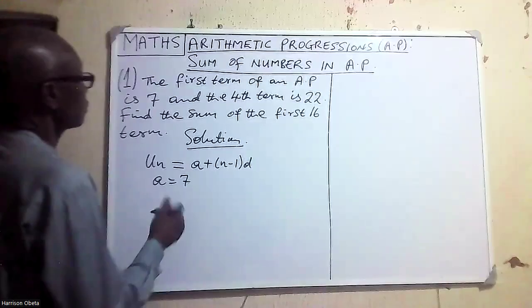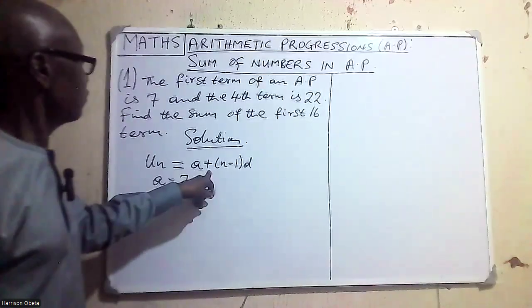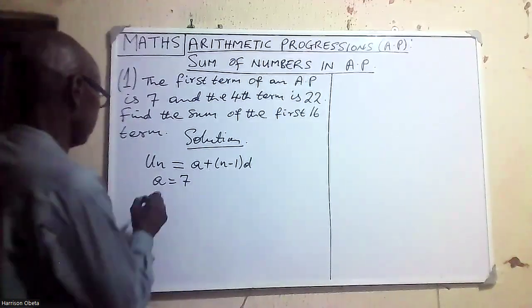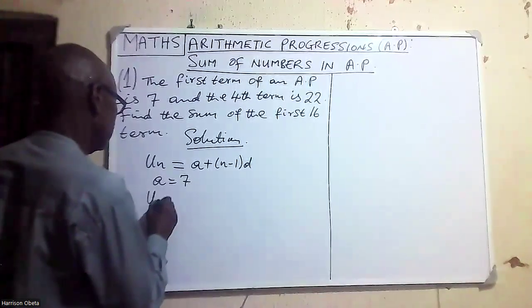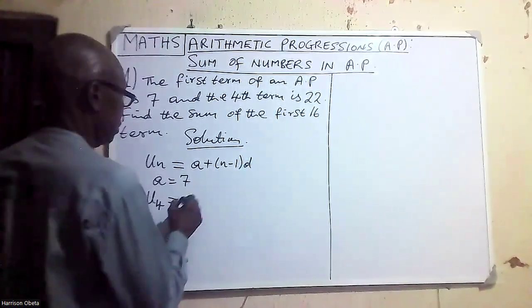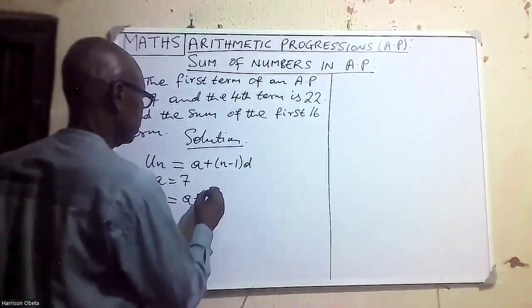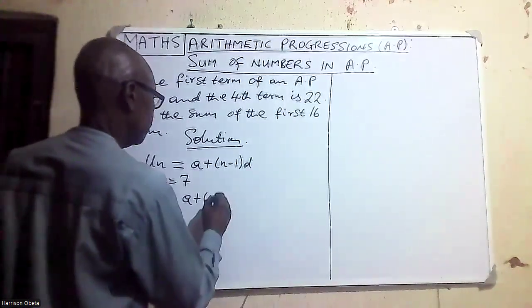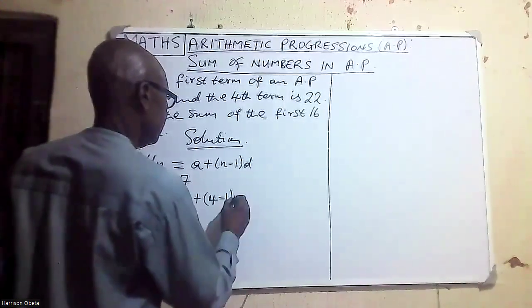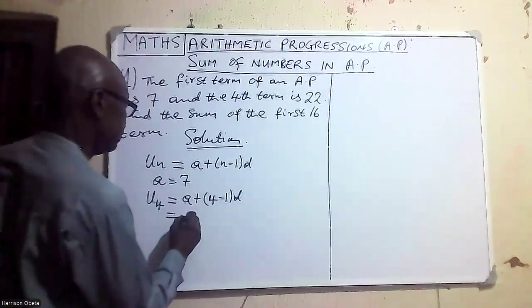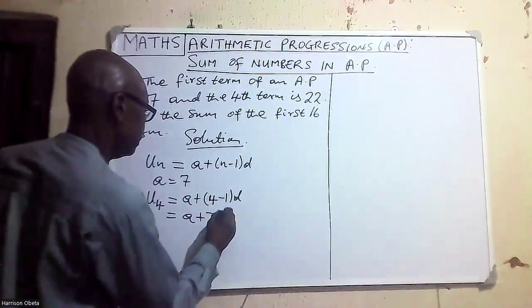Fourth term, we put the value here. That means we're talking of U4 is equal to a plus (4 minus 1)d, and that is a plus 3d.